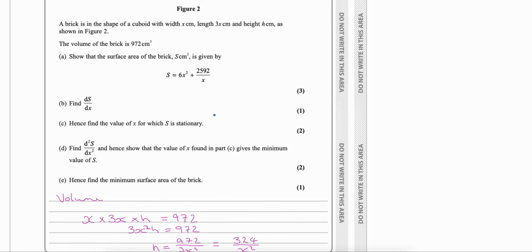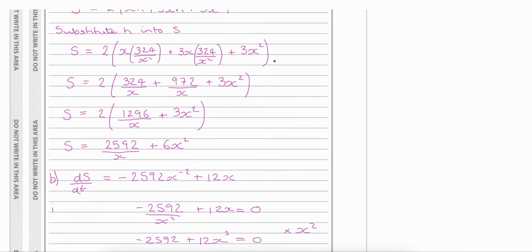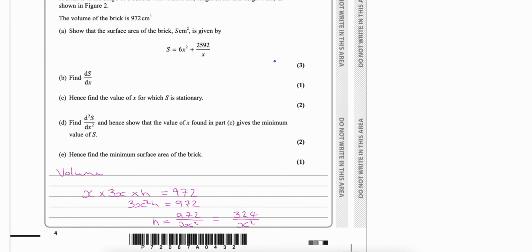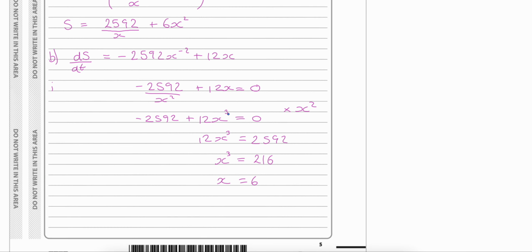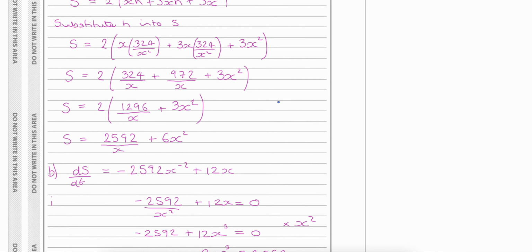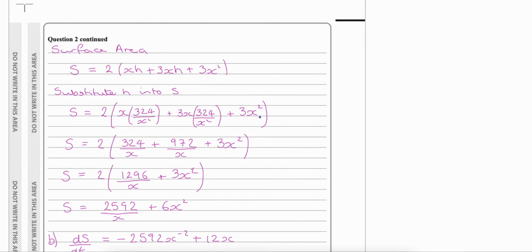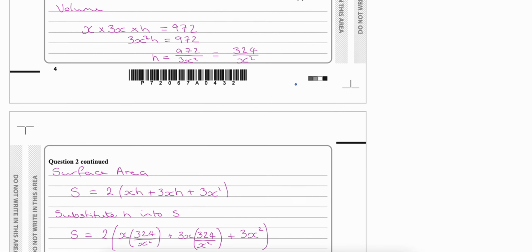Differentiate 6x squared, that's power times coefficient, would be 12x. And differentiate 2592x to the minus 1 will be 2592x to the minus 2 with a negative in front. Our gradient is equal to 0 at a turning point when we're looking for a stationary point.